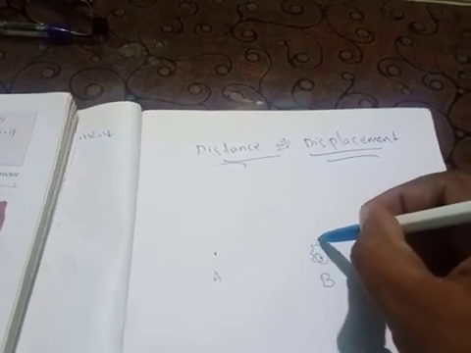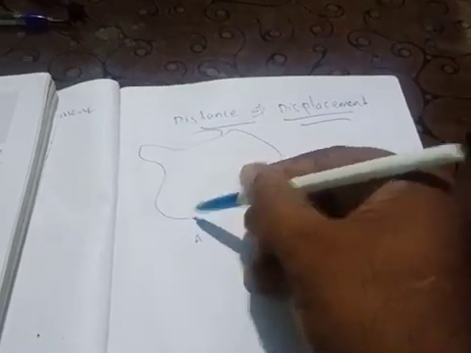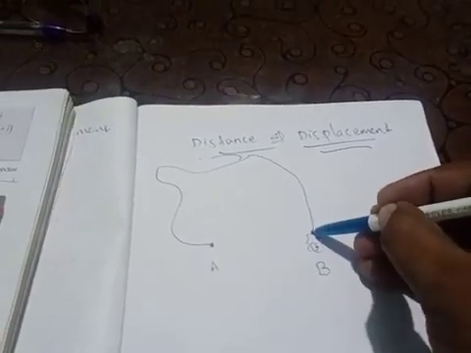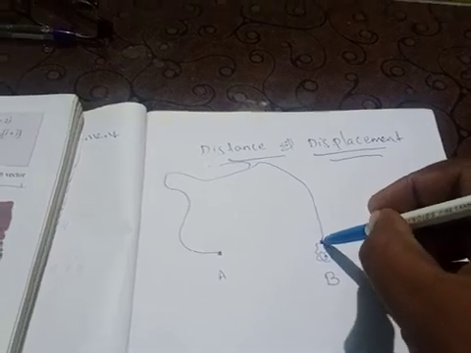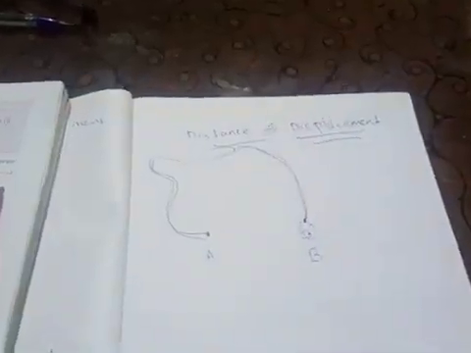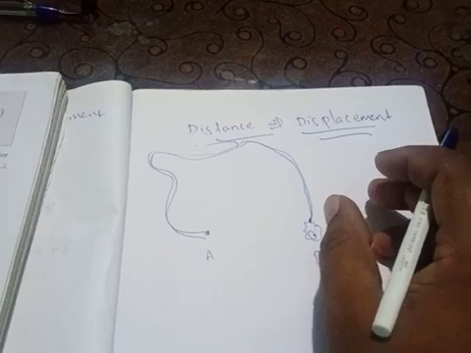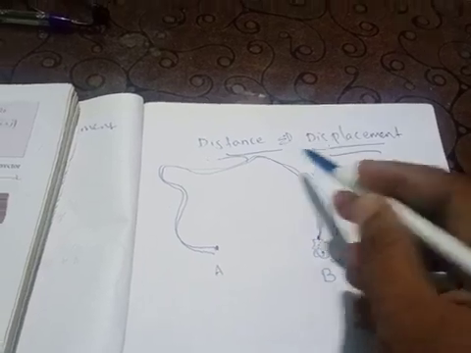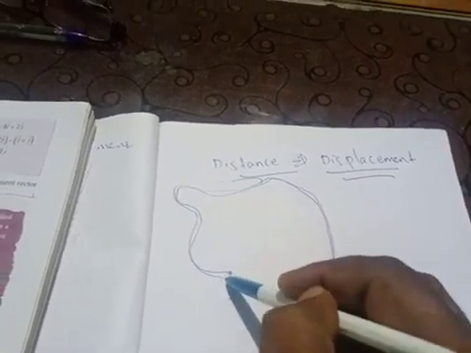You see, for this object to move from this point to the point A, this is the actual path length. This path length is traveled by an object, assume that this is the object moving through this path in a given interval of time. Within some time, this object has moved from the point B to A along this path.